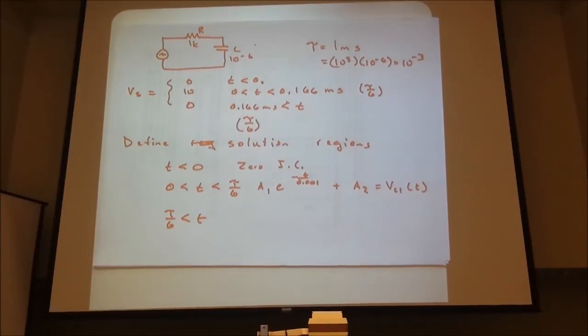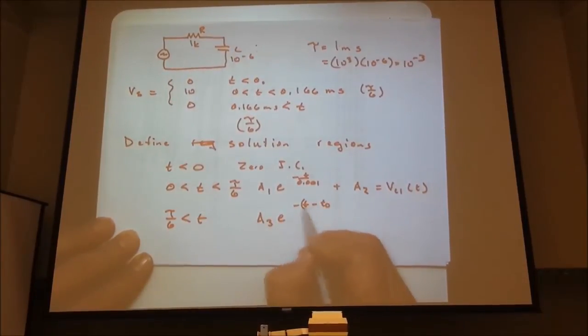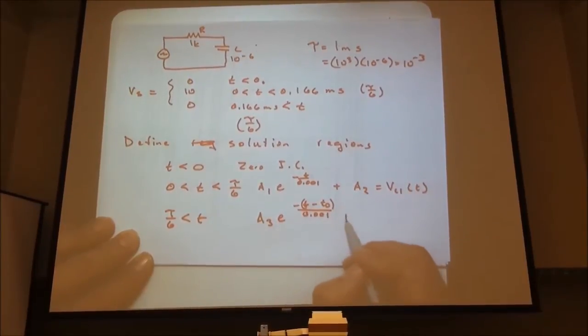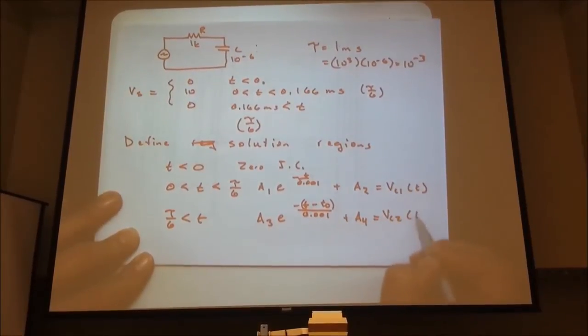Has it changed? Still an RC circuit. What does it look like? Same. Different coefficients. E to the minus t naught over 0.001 plus A4, DC2 of t.